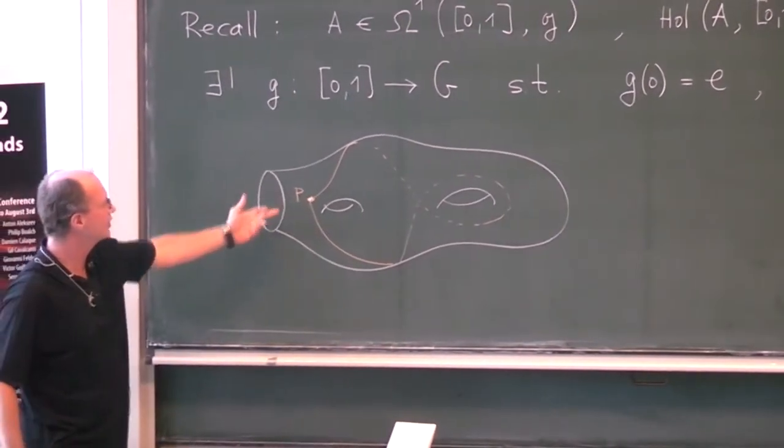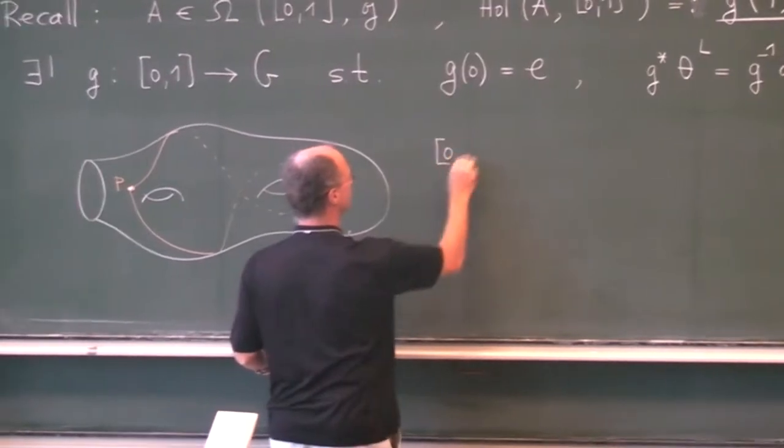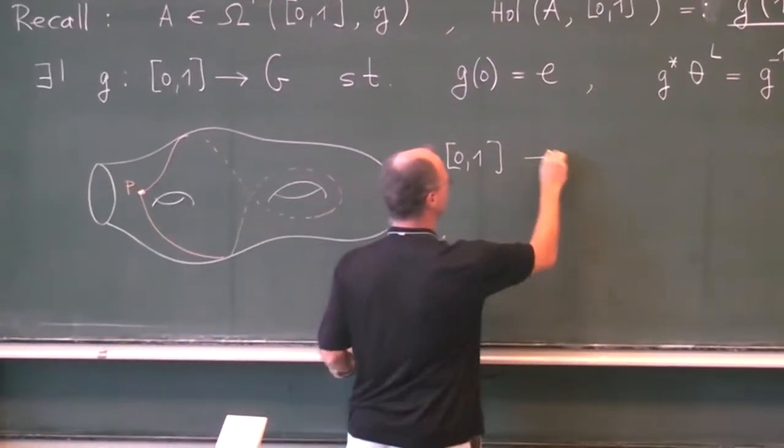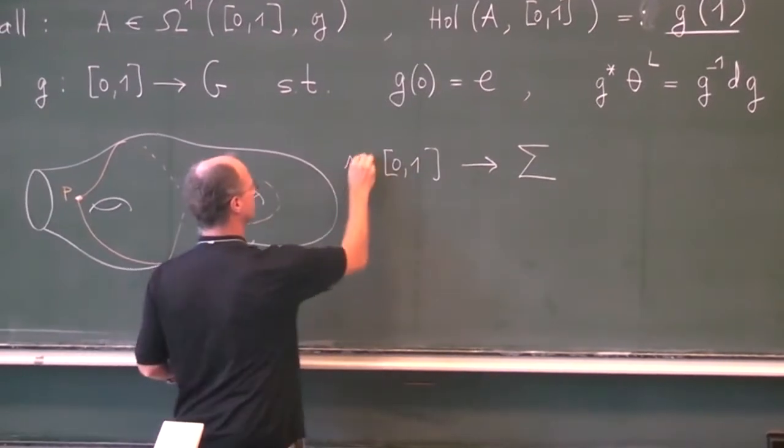Now we have a curve, and this actually means that we have a map from 0-1 to sigma, let's say gamma.